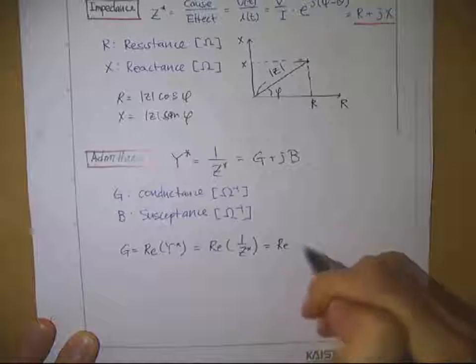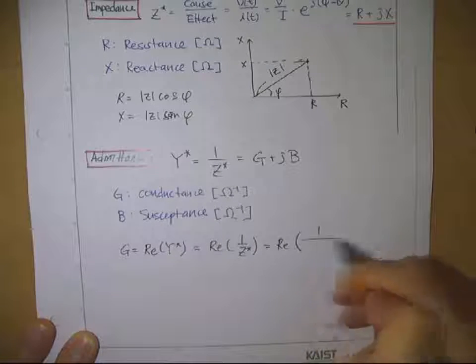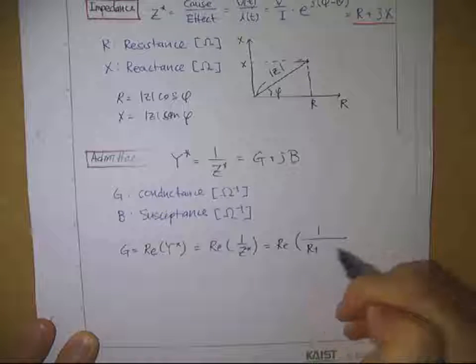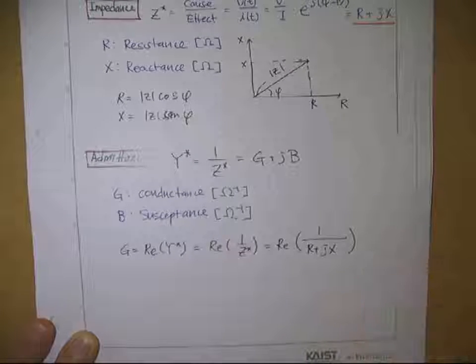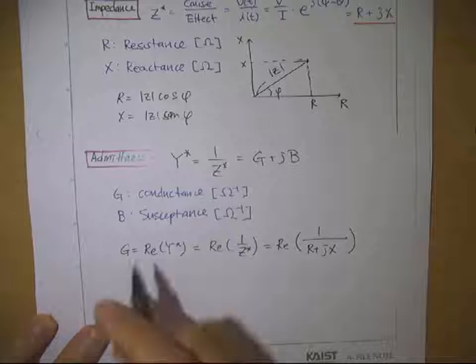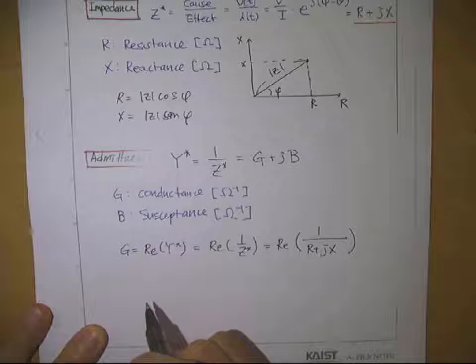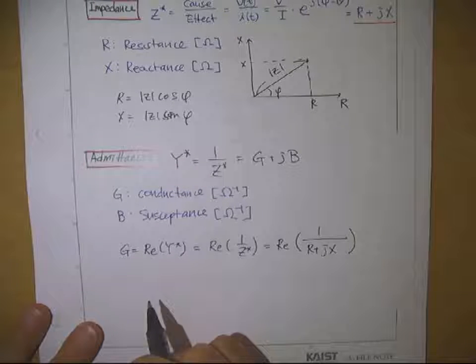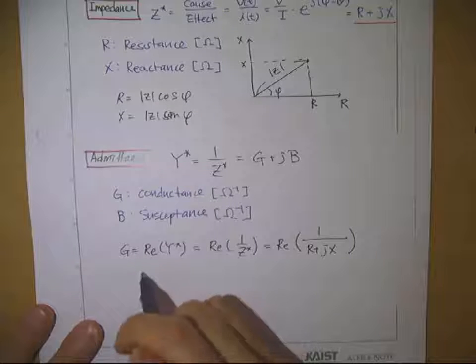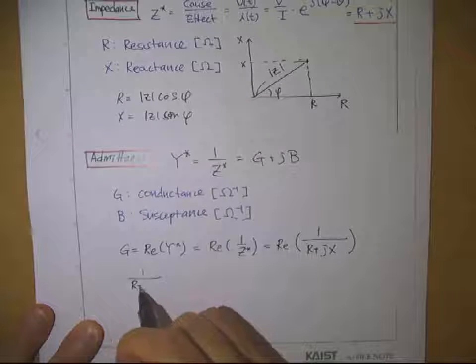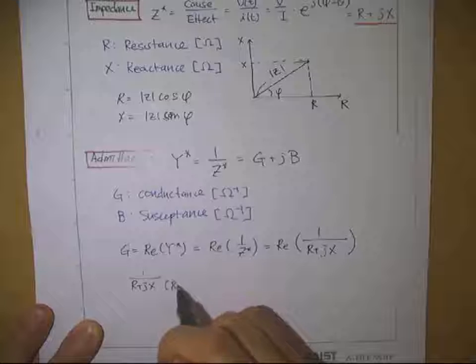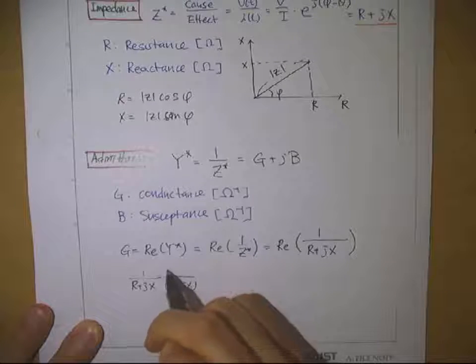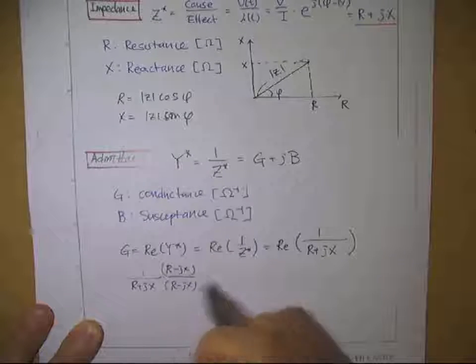So the real part of 1 over R plus jX. Then we can multiply R minus jX to the denominator and the numerator. So 1 over R plus jX times R minus jX over R minus jX.